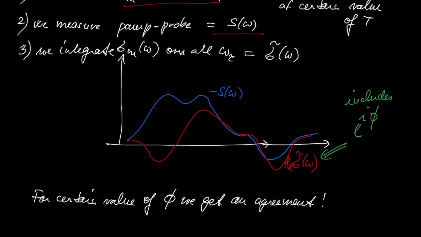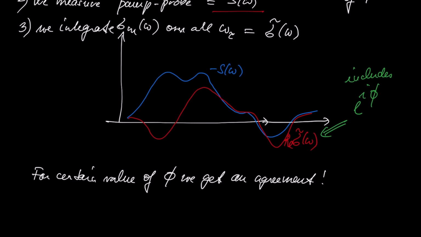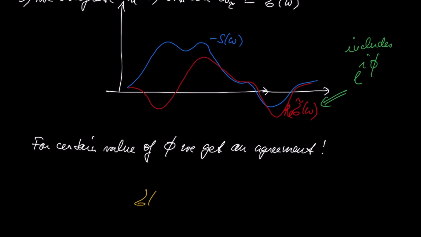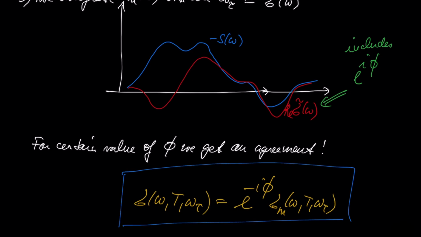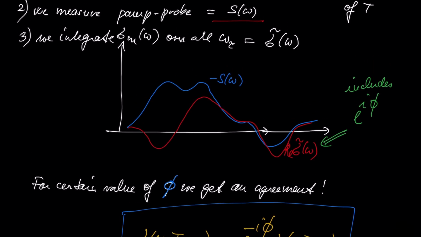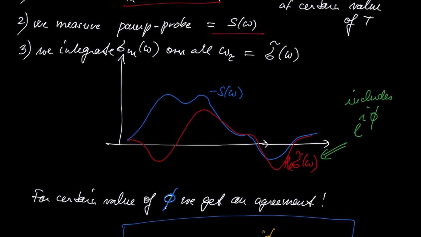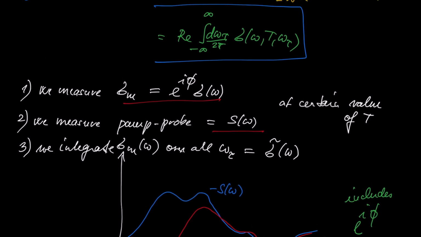So once we know the phi, the correct spectrum is e to the minus i phi that we obtained, times sigma measured. So we get a certain value of phi, which allows us to fit this real part of sigma tilde onto minus S omega, which is the pump probe measured signal.